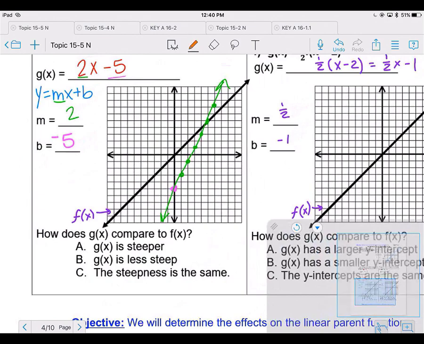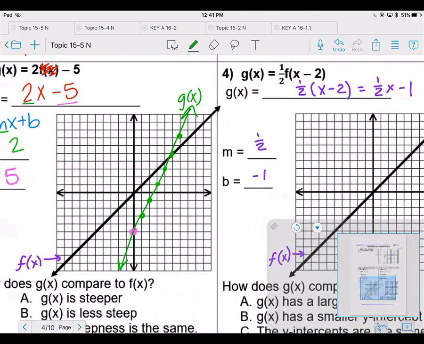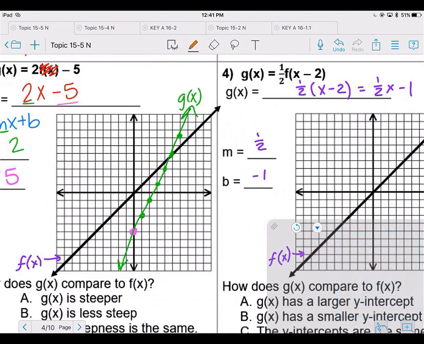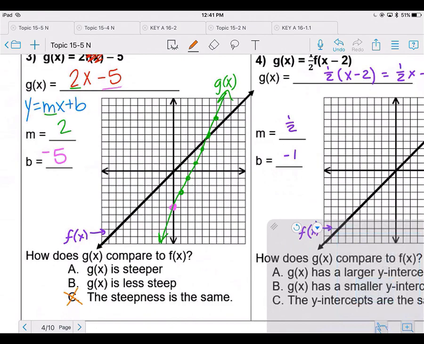And we're asked at the bottom, how does g of x compare to f of x? It's steeper, it's less steep, its steepness is the same. So just to make sure I label, this is g of x. So we can see that they're not the same steepness because same steepness would be the same slope.